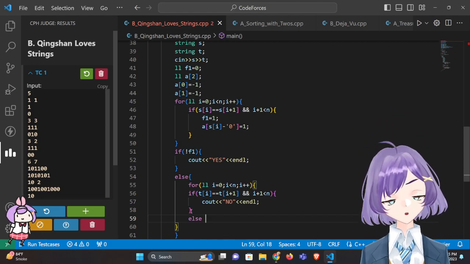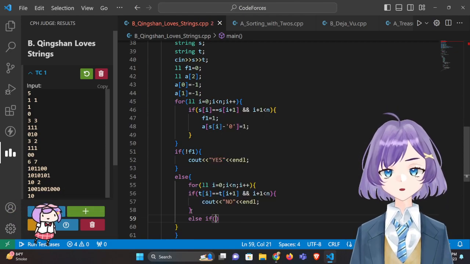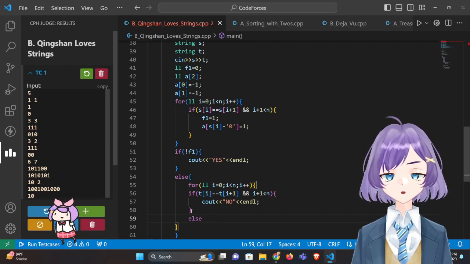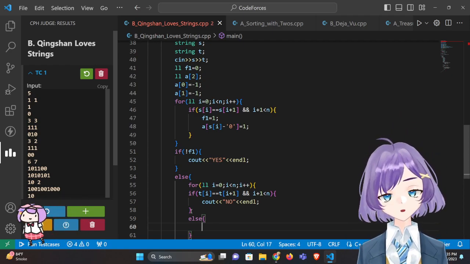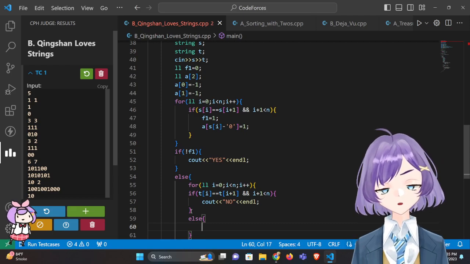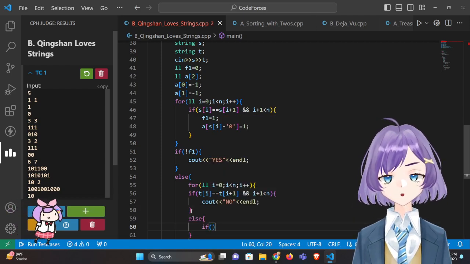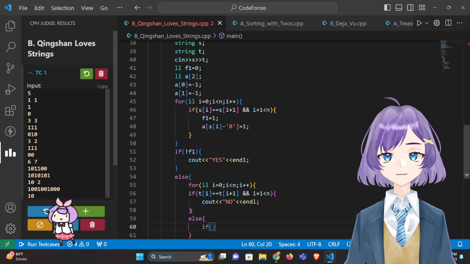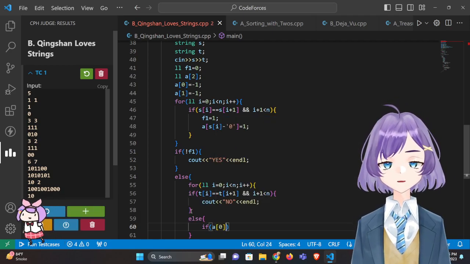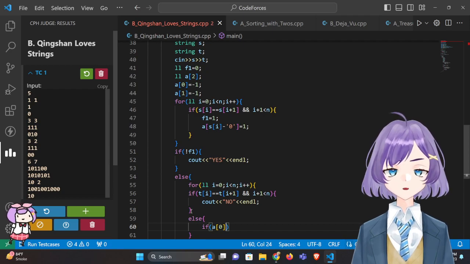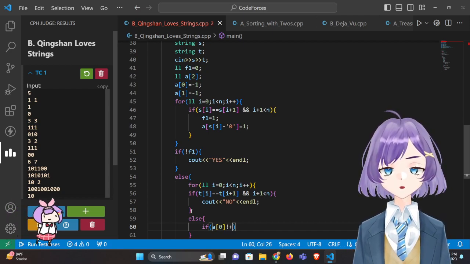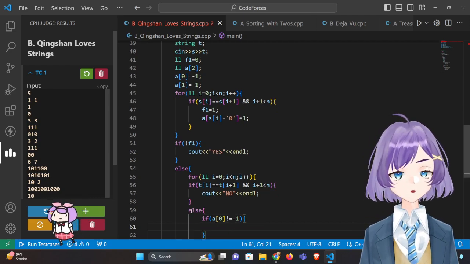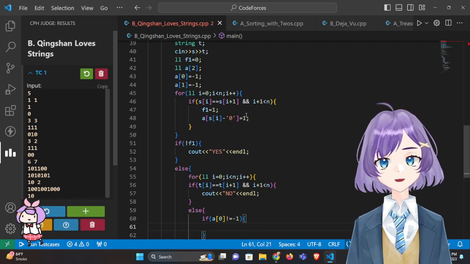As if t is good, if a of 0 is not equal to minus 1 and flag 2.